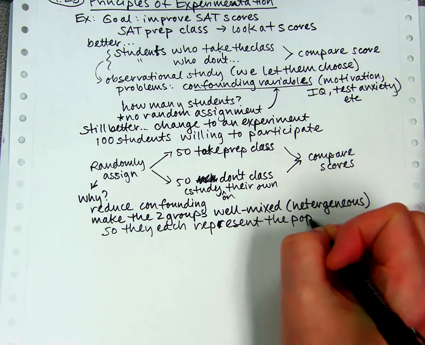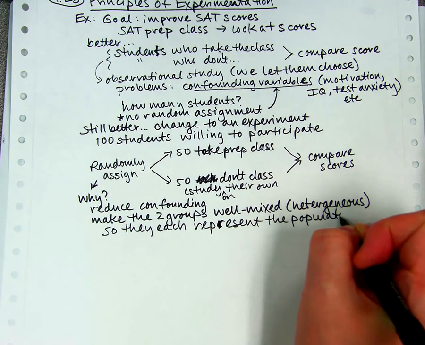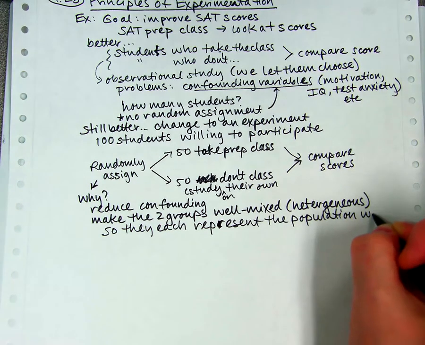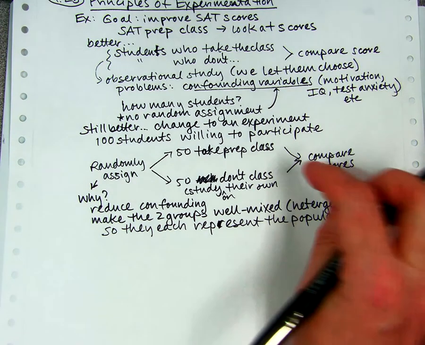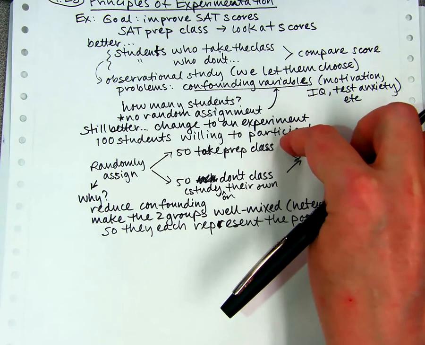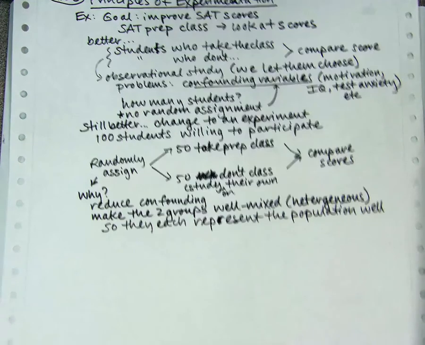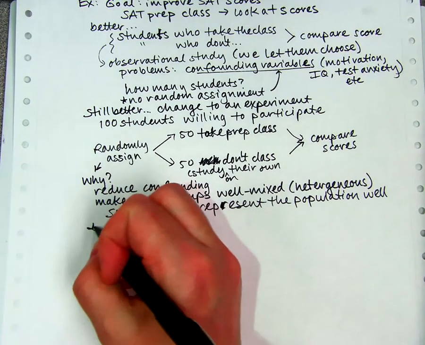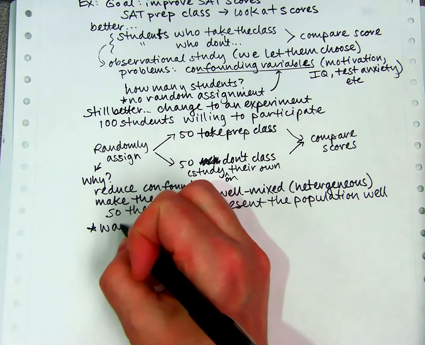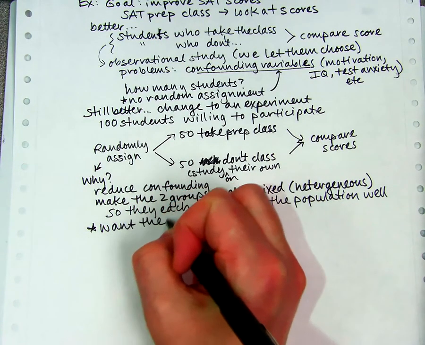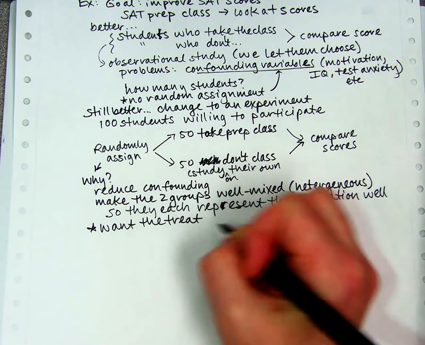And then once we have done that, once we've randomly assigned them so that they represent the population well, then if this group gets better scores, we can assume it's because of the treatment and not because of some other factor. So we want, this is the most important part probably, we want the treatment to be the only major difference between the groups.